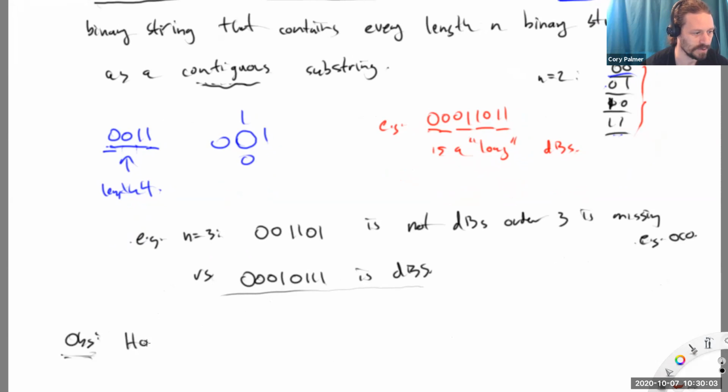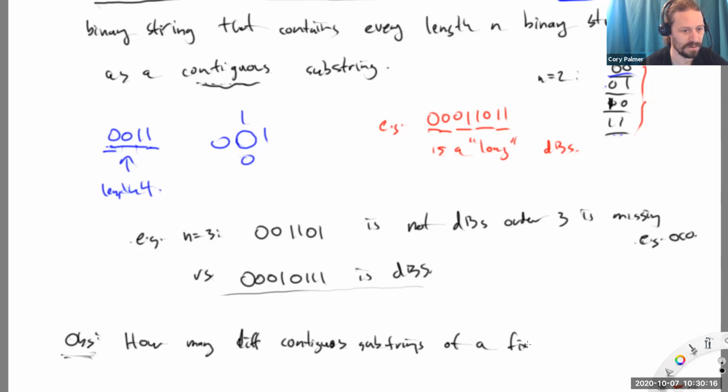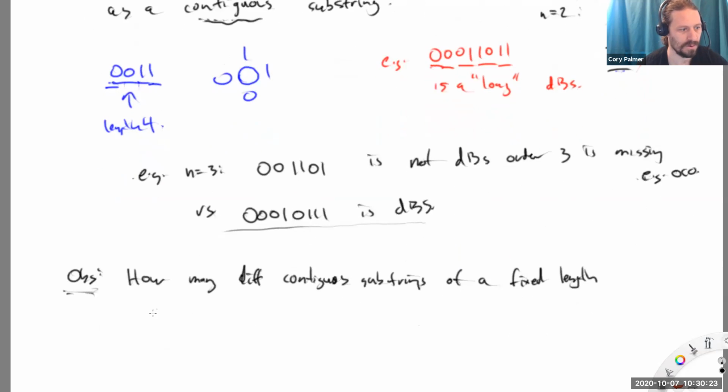I'll pose it as a question. How many different contiguous substrings of a fixed length? So fixed is n, but it could be any value here. Are there in a string of length, say, let's use a different variable, x.